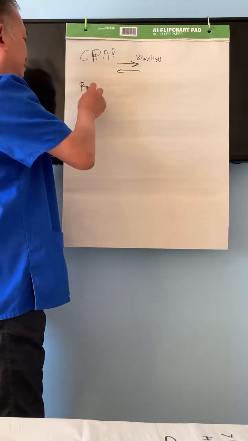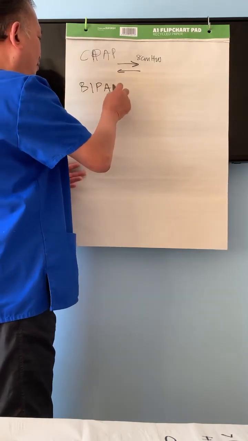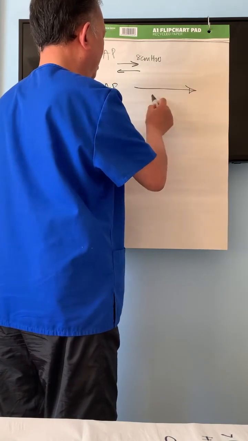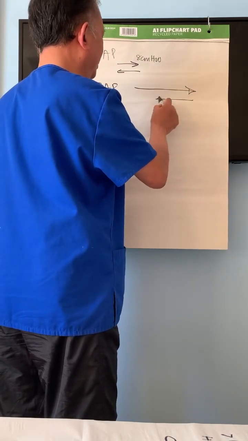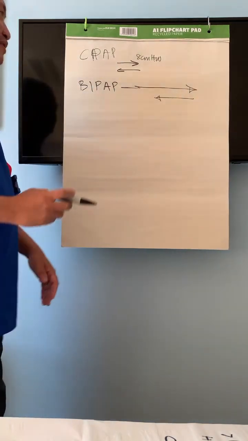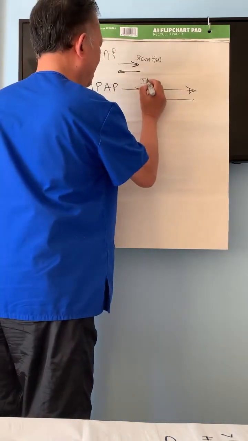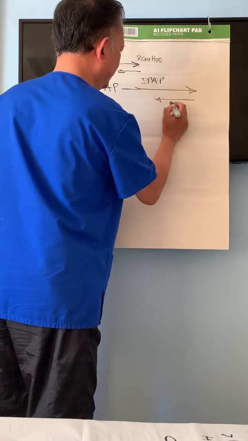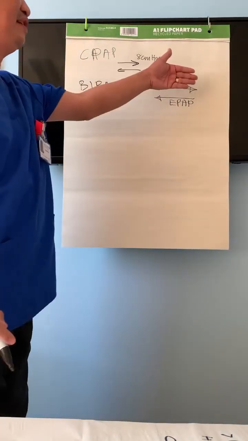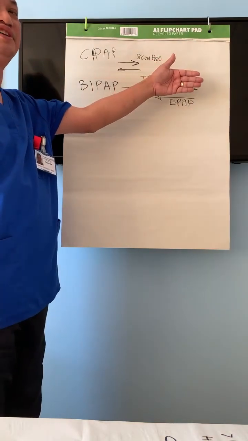BiPAP, blowing in, blowing out. You may see two levels of pressure. BiPAP, inspiratory positive airway pressure with the inspiration alongside.